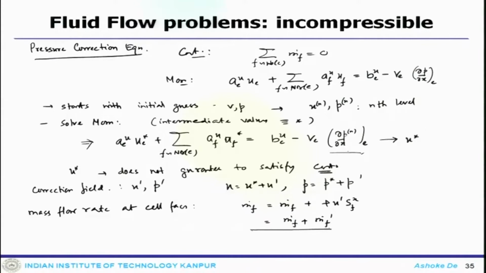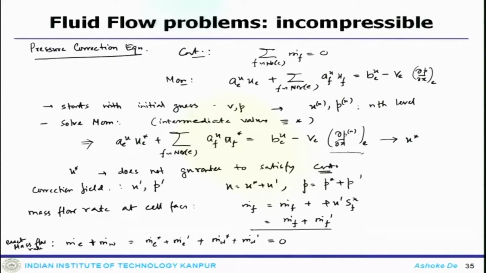If you assume in that fashion, then m dot E plus m dot W, which is our exact mass flow rate, will be m dot E star plus m dot E prime plus m dot W star plus m dot W prime, which would be 0, which satisfies continuity.